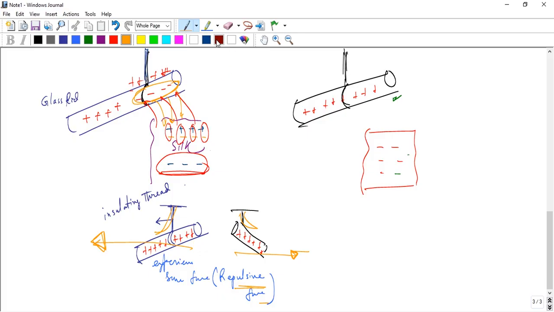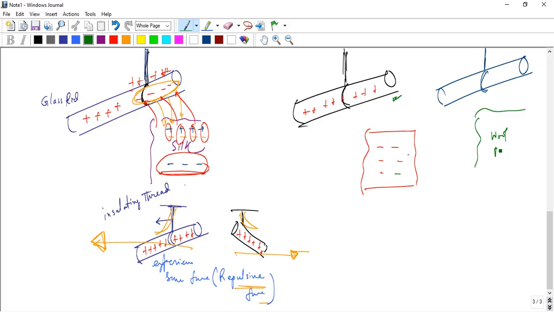Now, in a similar condition, take a plastic rod. Before rubbing, they are neutral. Rub it with wool or fur.